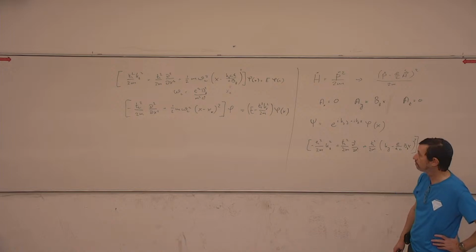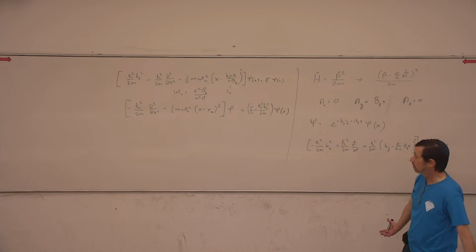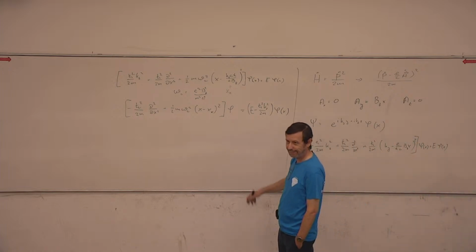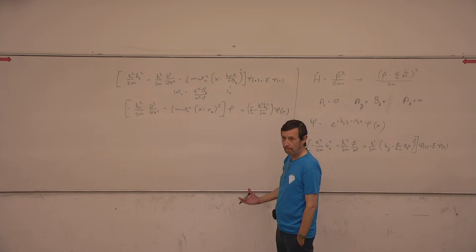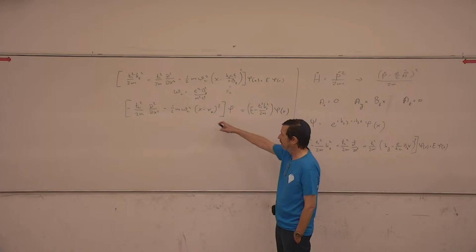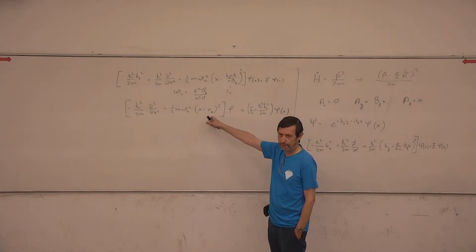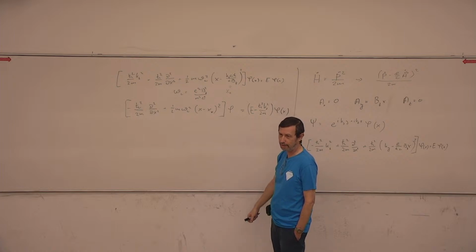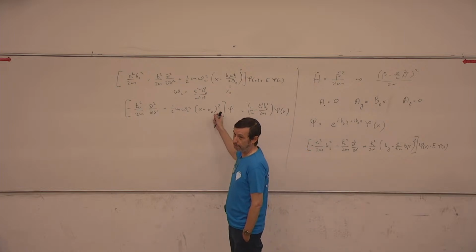So, this is definitely the equation of a harmonic oscillator. It's clear. This you have seen in quantum mechanics, or had a question about it, or it appeared in some exam.